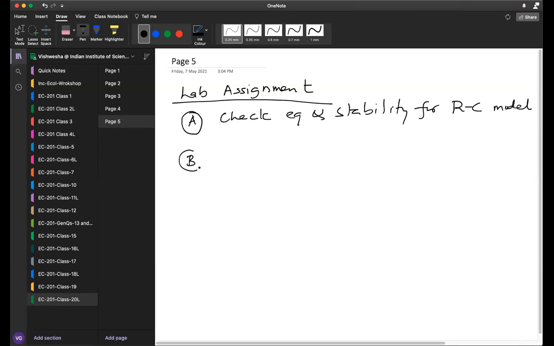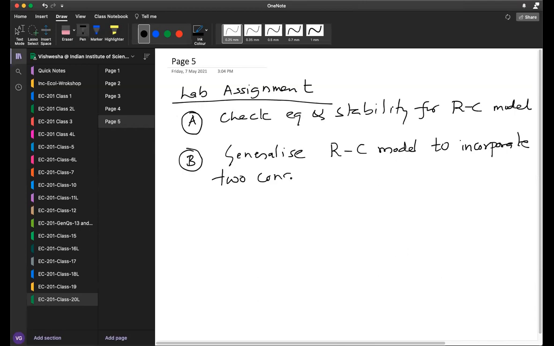B: generalize our C model to incorporate two consumer species.